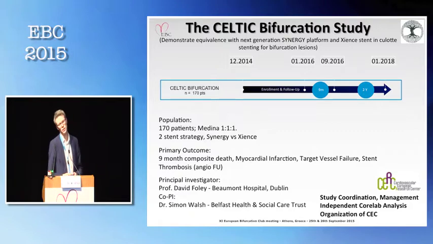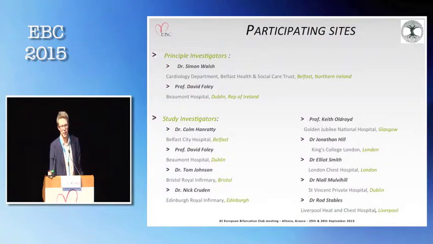The plan is 170 patients, non-inferiority, and primary endpoints at 9 months, looking at a composite of myocardial infarction, stent vessel failure, and stent thrombosis with angio follow-up. David Foley and Simon Walsh, my colleague, are the principal investigators. It's being indirectly sponsored by Boston, but run through the CERC organisation, who are also providing core lab analysis. These are the participating sites, Irish sites, Scottish sites, and English sites, but we've kept the Celtic name.